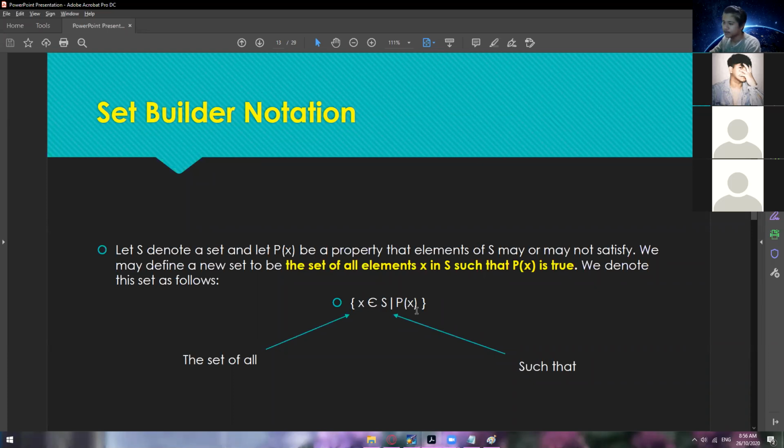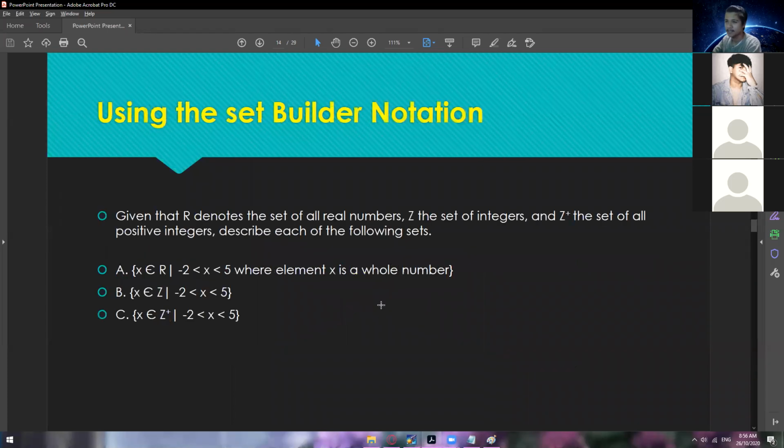Okay, so for you to appreciate this one, let's have an example. So using the set builder notation, given that R denotes the set of all real numbers, okay, and then Z for the set of integers, and then Z plus is the set of all positive integers. So describe each of the following sets. So meron tayong additional.